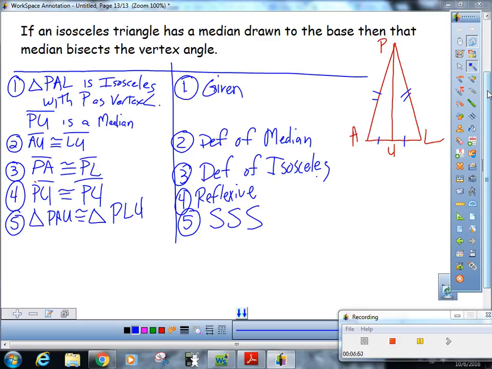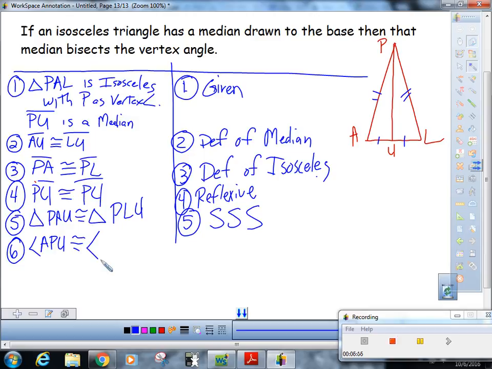Now be careful here. Many of you guys think that you're one step away, and you're not. You're two steps away from here. So now you'll say that angle APU is congruent to angle LPU by CPCTC.